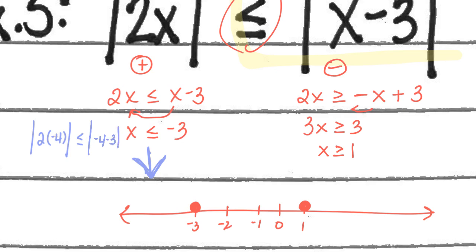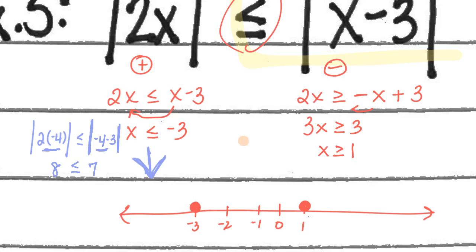So inside this absolute value is -8. Is 8 less than or equal to 7? It's 7 because it's absolute value. No, this is not a true statement, so in this area right here, I'm not going to show any lines, none at all.